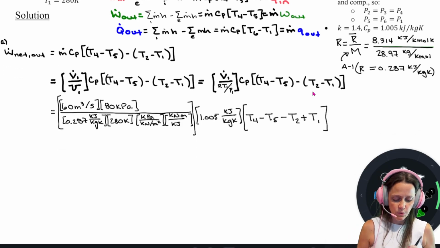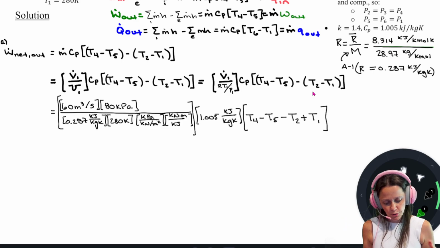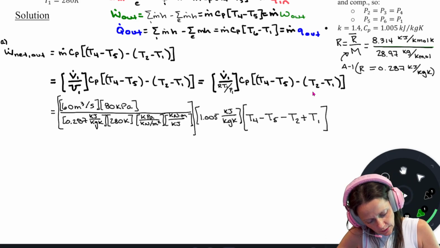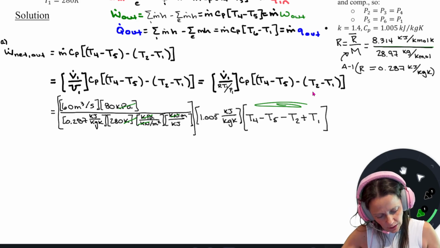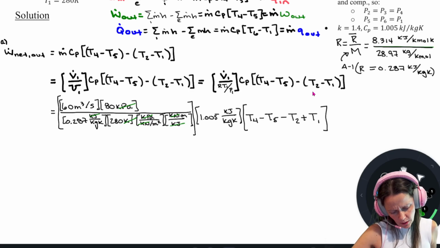When everything distributes, let's look and make sure of the units. I have kilonewtons, kilonewtons, kilopascals, kilopascals. Kelvin will cancel out with these guys over here. Kilojoules, kilojoules.